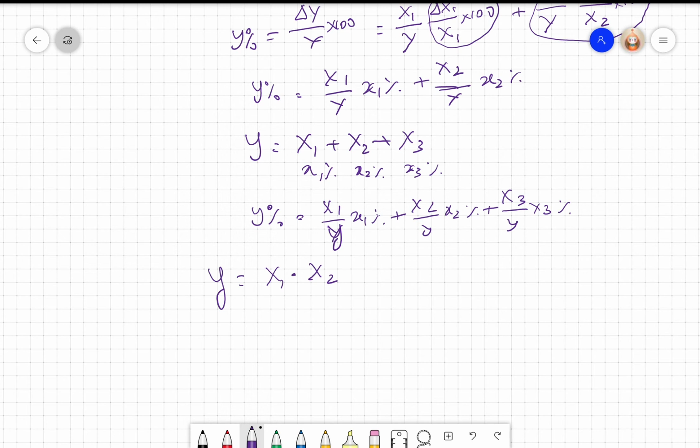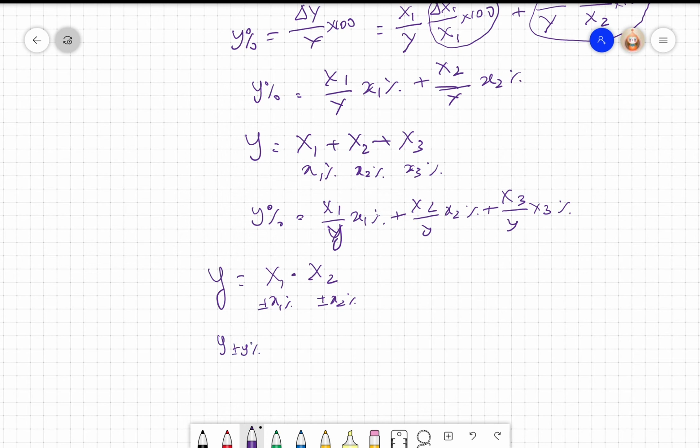So both are measured values. They will have errors. So x1 as usual has plus or minus x1 percent error, x2 has plus or minus x2 percent error. So what happens now? I will have y with plus or minus y percent error.